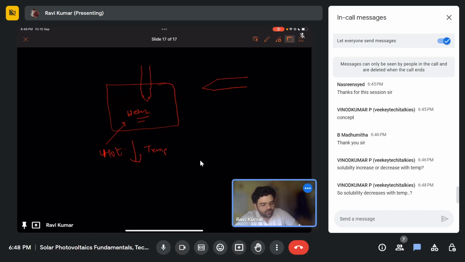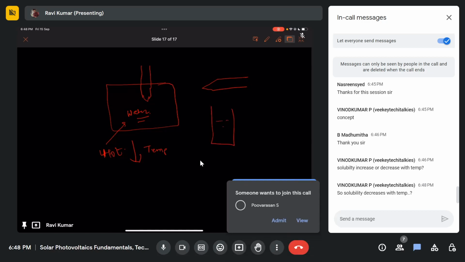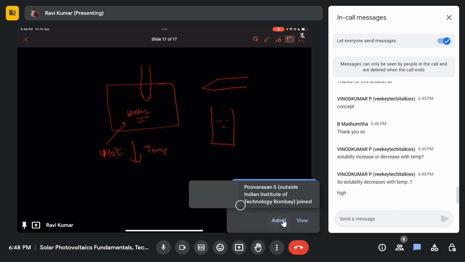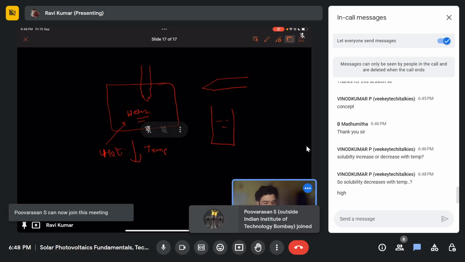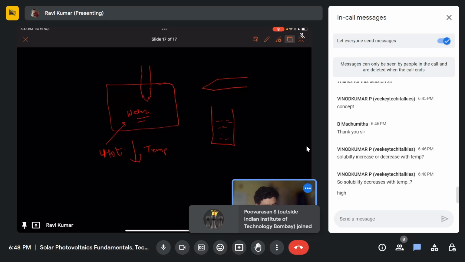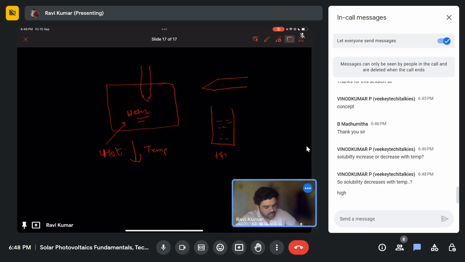Let's say you have a glass of milk at high temperature, and one at low temperature. If you dissolve some sugar, it will dissolve much faster in hot milk as compared to low temperature milk.